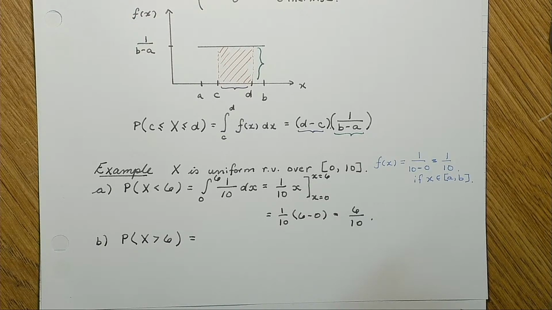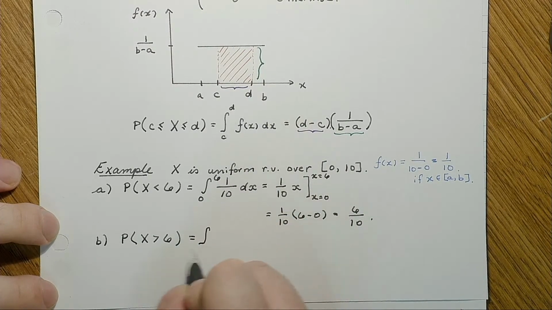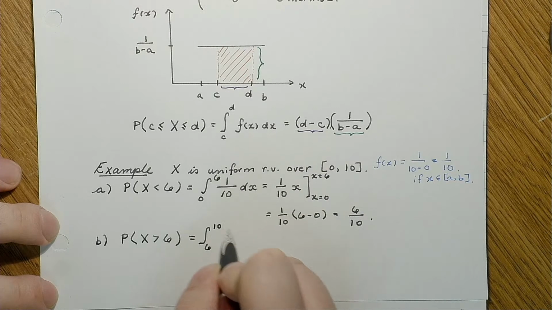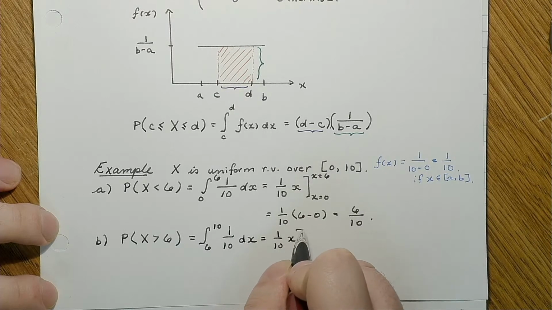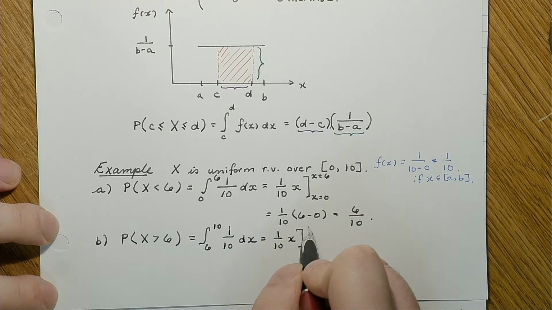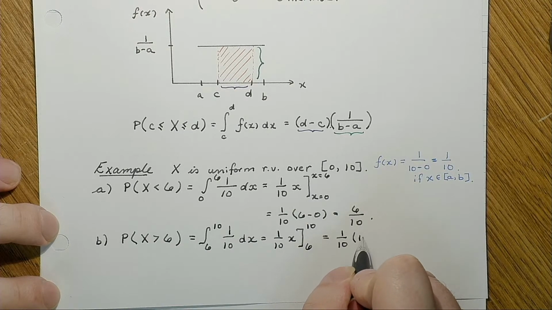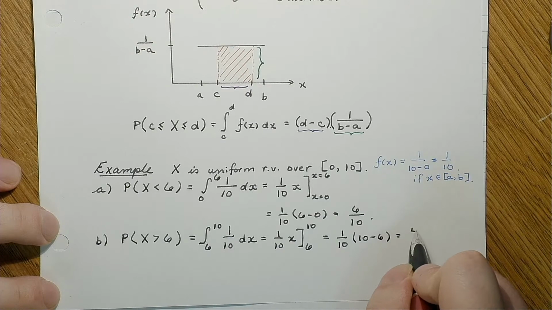In the chat they've taken the complement. I'll choose to write it like this. We'll go from 6 to the end of the interval, which is 10. So again, I have 1/10 x from 6 to 10. So 1/10 times 10 minus 6. So that gives me 4, or 4/10.